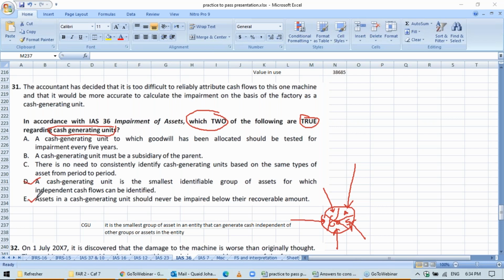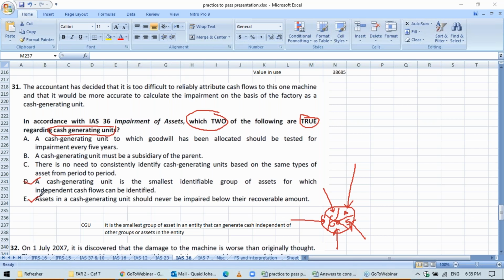Assets in a cash generating unit should never be impaired below their recoverable amount. So obviously, when does impairment take place? When the carrying values are higher. And what they say is, we cannot bring it down below the recoverable amount.